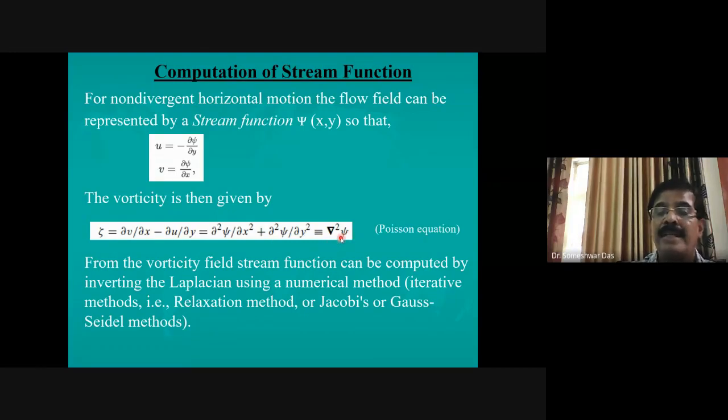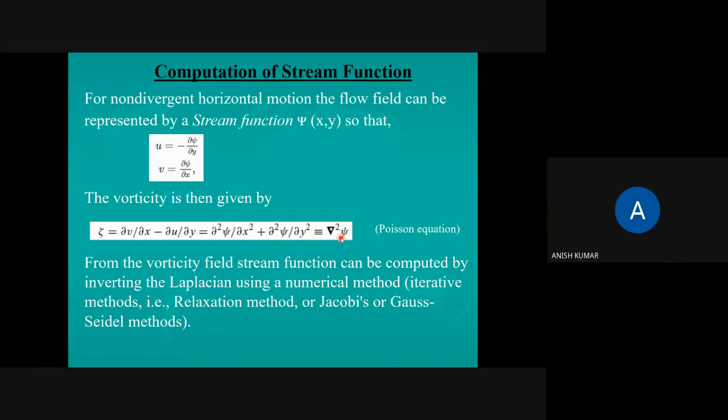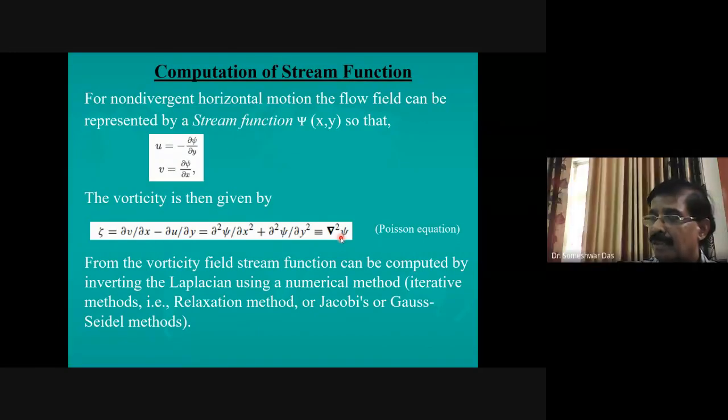So you have got similarly del square chi also, which is the velocity potential. There are two things generally discussed together: stream function and velocity potential. So your stream function is non-divergent and velocity potential is rotational. Right? So there also you will calculate using this method only.